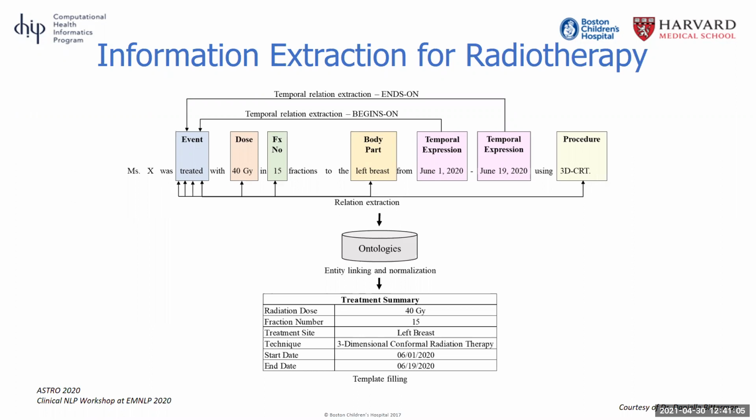From an NLP point of view, how could we start thinking about this task? The way we thought about this task is casting the problem first into named entity recognition to discover the radiotherapy elements, and those are the text in the boxes, followed by a relation extraction task, which links the elements into one treatment.